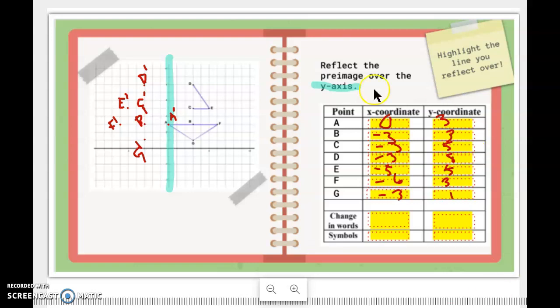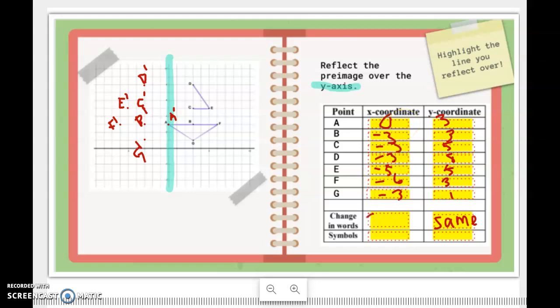If you compare this table to our original table where we wrote down all the coordinates of the pre-image, you should notice something. You should notice that your y values stayed the same. And then you'll notice that your x values just changed their sign.